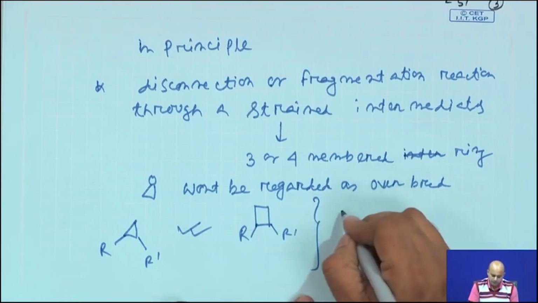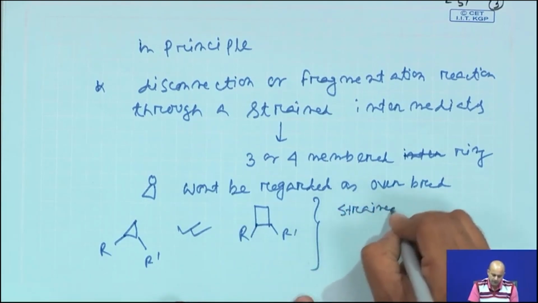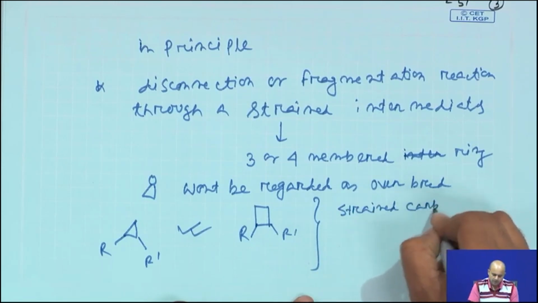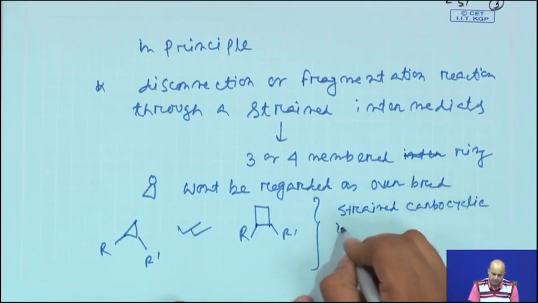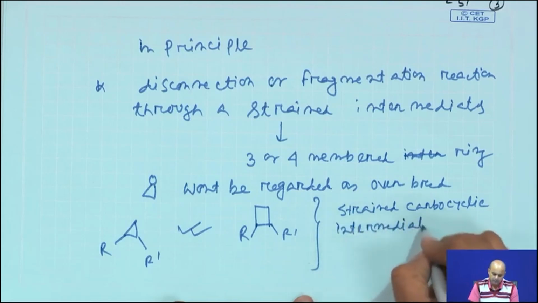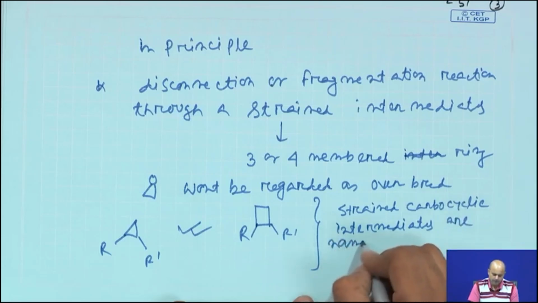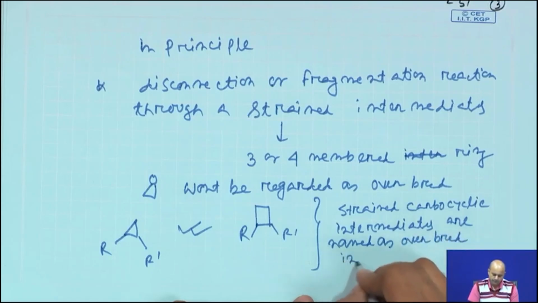So, usually we say that a strained carbocyclic intermediate, strained carbocyclic meaning the ring contains all carbon, strained carbocyclic intermediates are named as overbred intermediates.